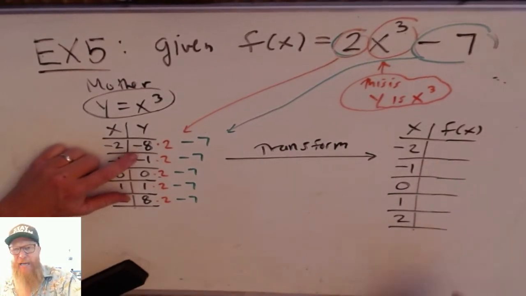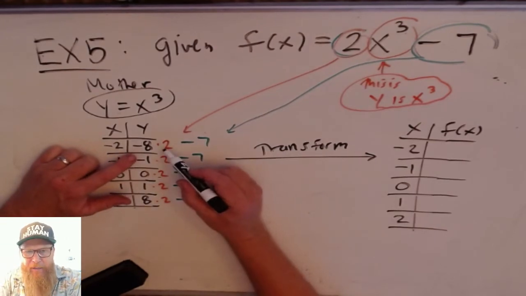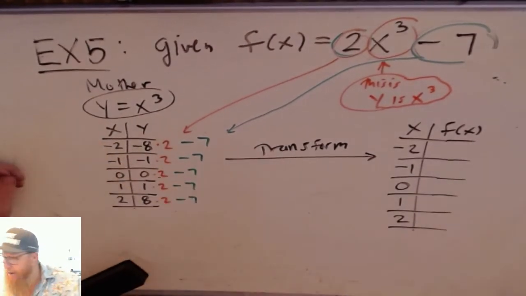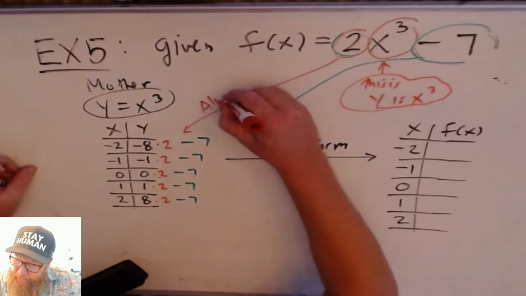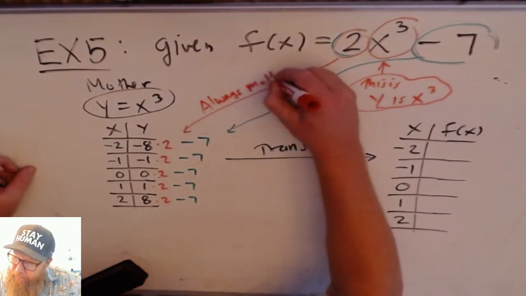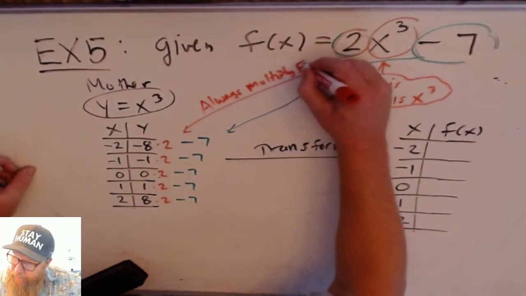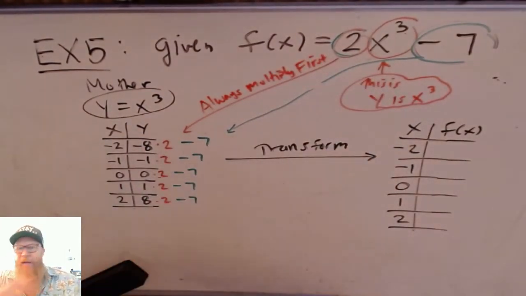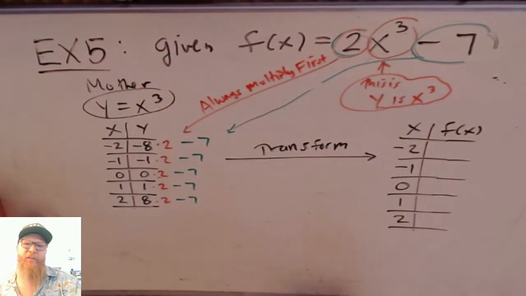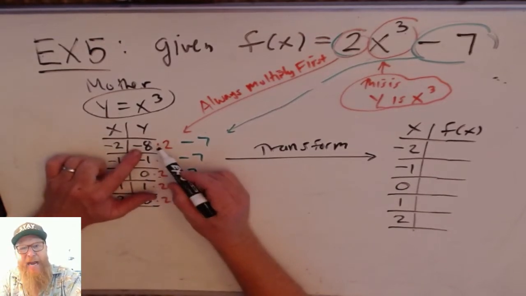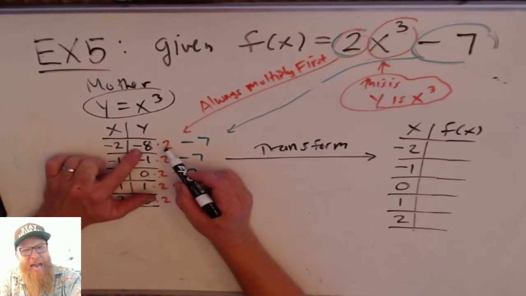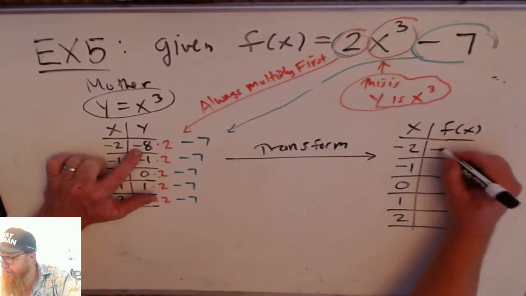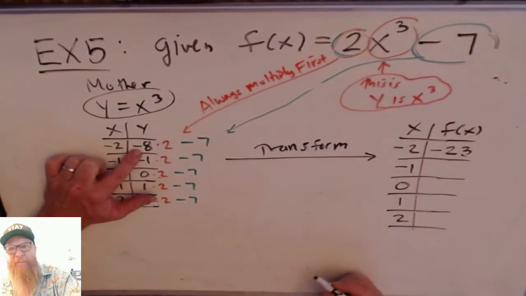And the y's. Now be very careful. You must multiply first. If you subtract and then multiply, you'll get the wrong answer every single time. So -8 times 2, that's -16. -16 minus 7 is -23.